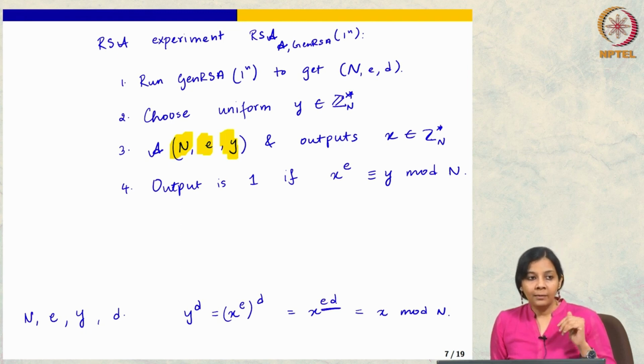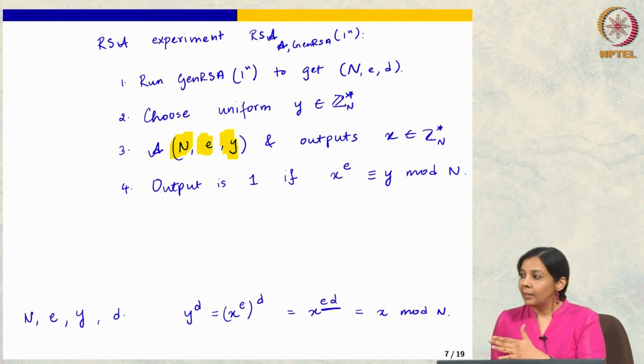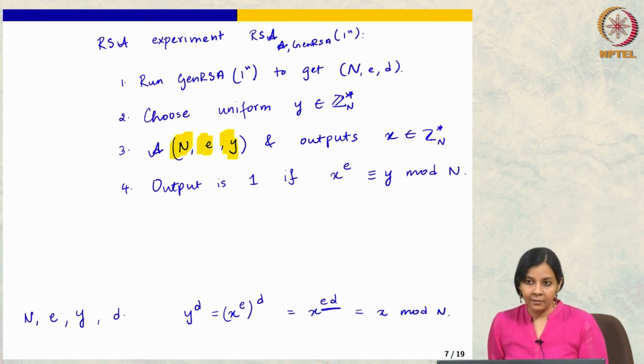I showed that if factoring is easy, RSA is definitely easy. If I can solve the factoring problem, I can split n into pq. I can use p and q to compute p minus 1 times q minus 1, which is phi of n. Having computed phi of n, given E, I can compute D such that ED is 1 mod phi n, and given D, I can always invert this function.